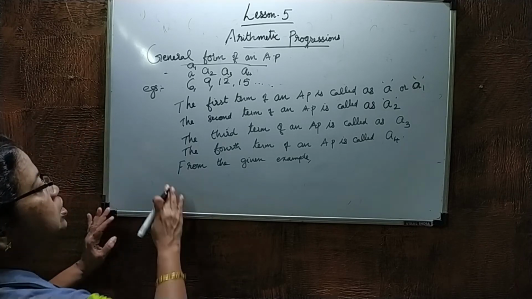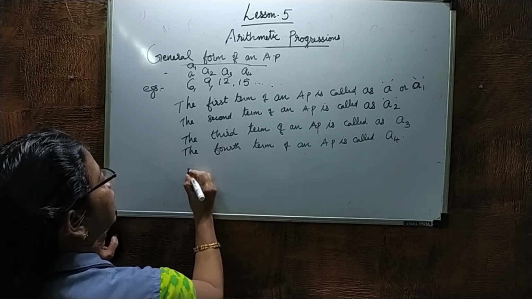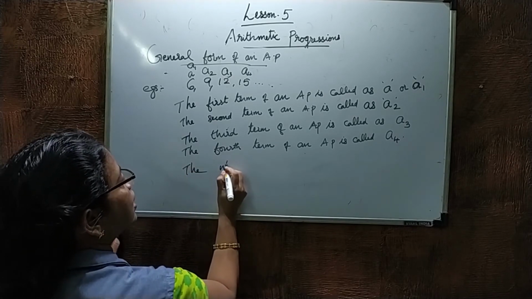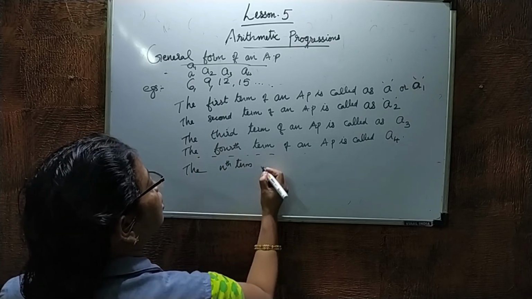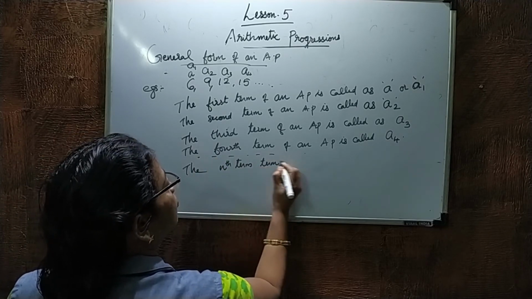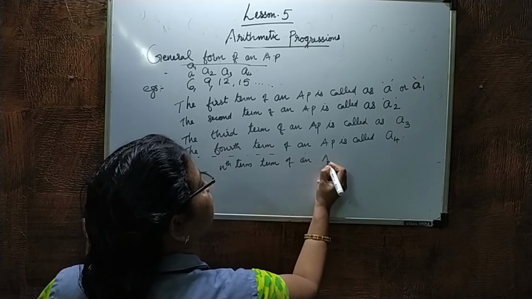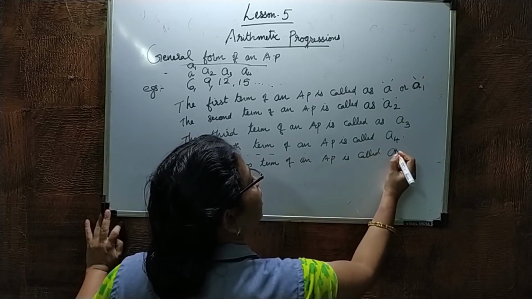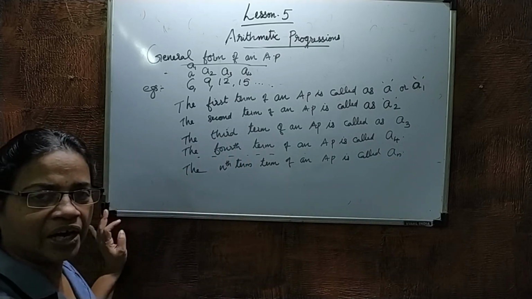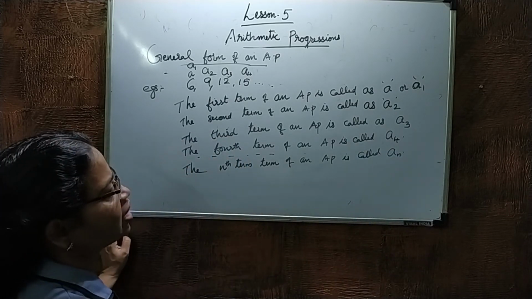Clear? So that also we will write. The nth term of an AP means at the end. It goes on. The nth term of an AP is called as what? It is AN. Clear? Now from this example, what we can say?